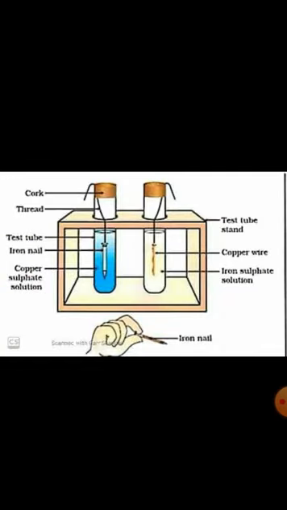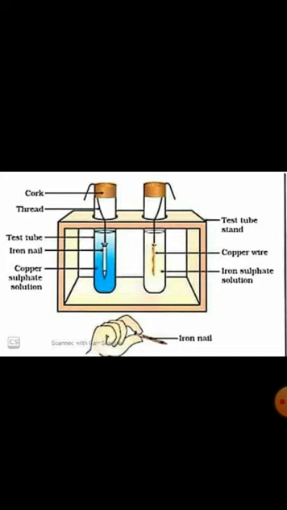Now, let us consider a copper wire and an iron nail. Place the copper wire in a solution of iron sulfate, FeSO4. FeSO4 is green in color. Now, place the iron nail in a solution of copper sulfate, which is blue in color.